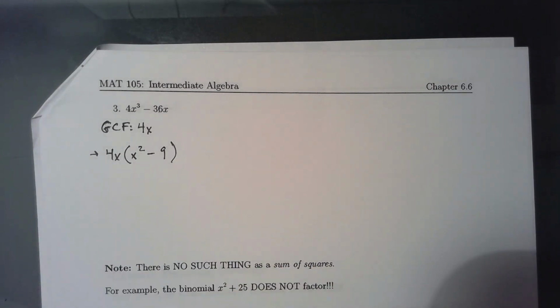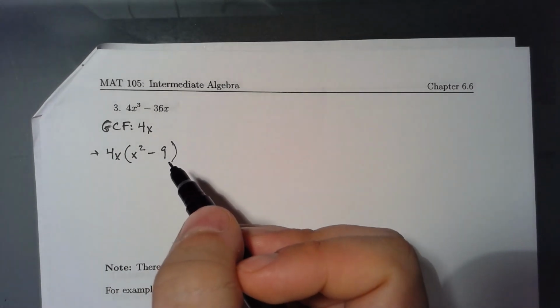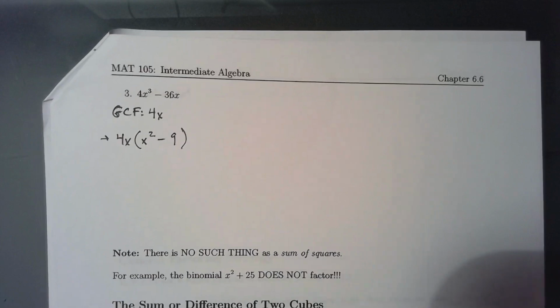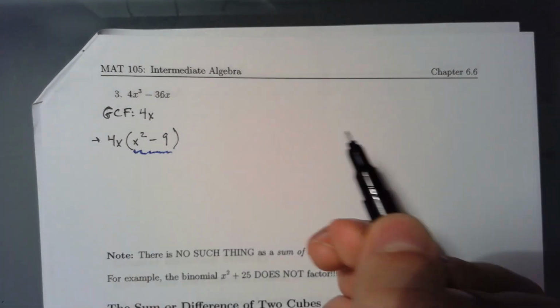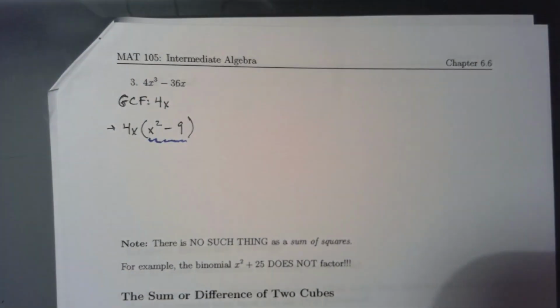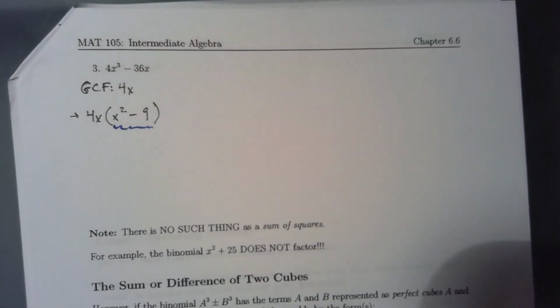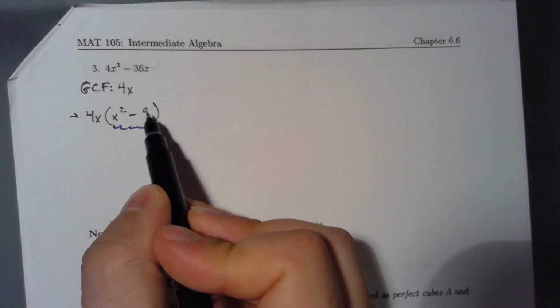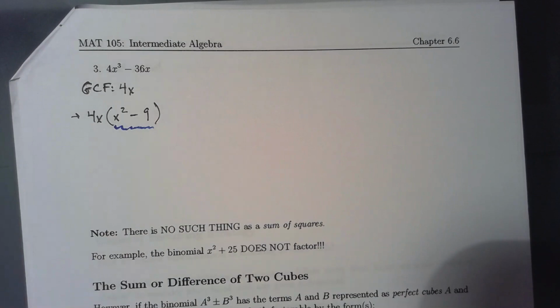Now, remember, just because I factored once doesn't mean I'm done factoring. This right here ends up factoring. This is a difference of 2 squares, because I have x squared minus a number squared. 9 is a perfect square, it's 3 squared.